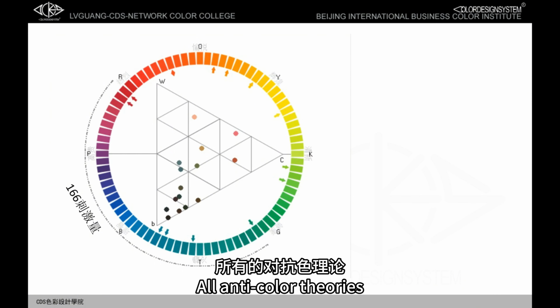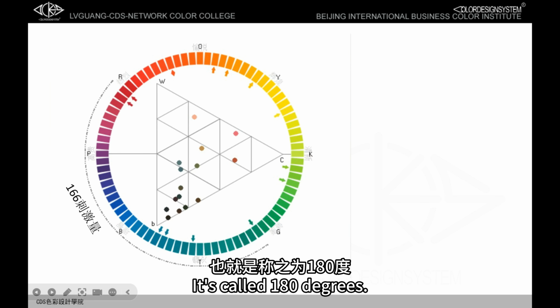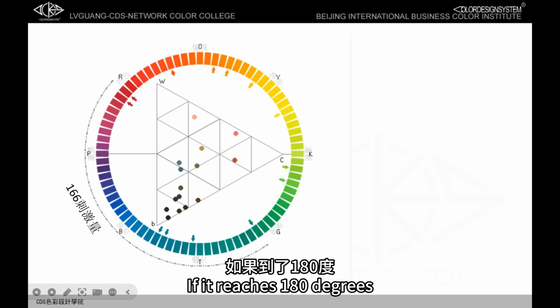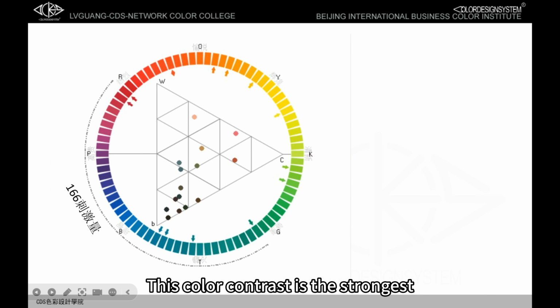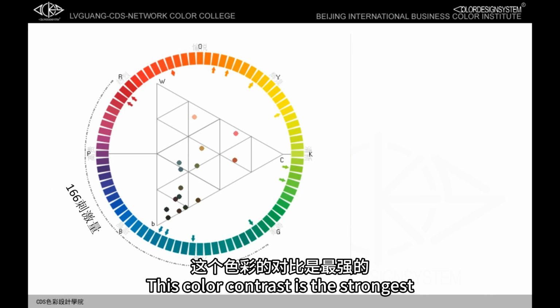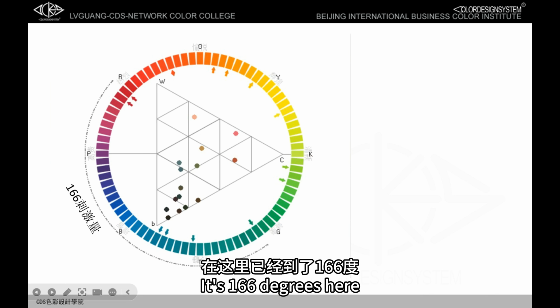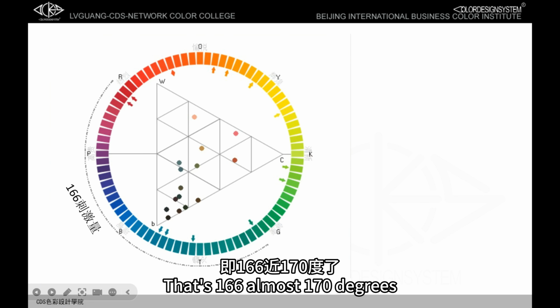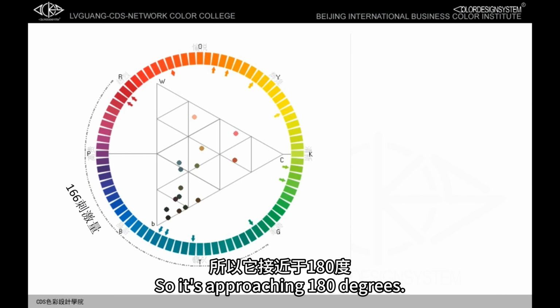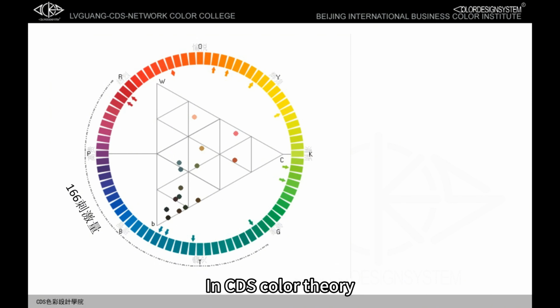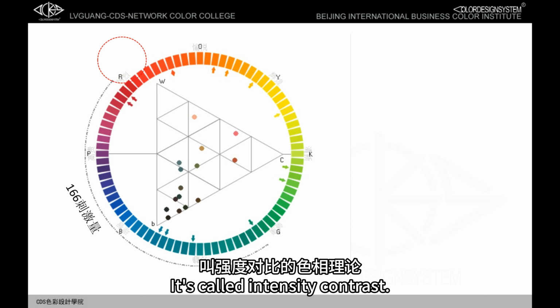All ND color theories, it's called 180 degrees. If it reaches 180 degrees, this color contrast is the strongest. It's 166 degrees here. That's 166, almost 170 degrees. So it's approaching 180 degrees. In CDS color theory, it's called intensity contrast.